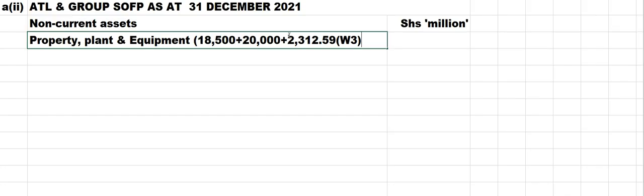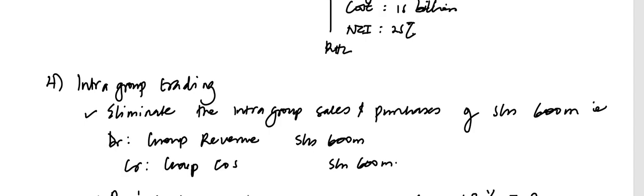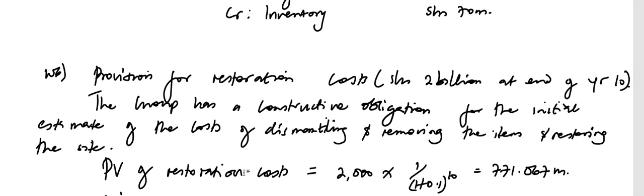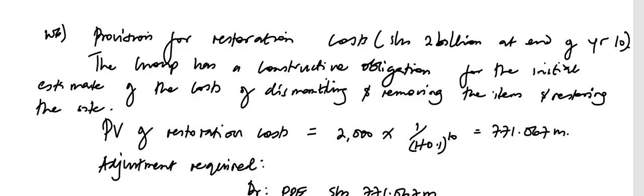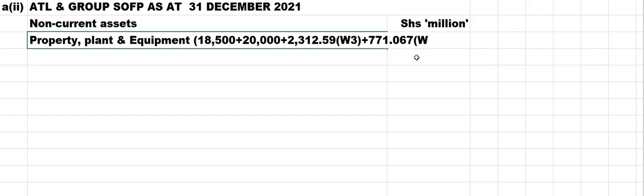Then we have to add the restoration costs capitalized. That is 771.067. That was working 6. Okay, this was supposed to be working 5, but let's maintain the 6. I think I skipped a working.